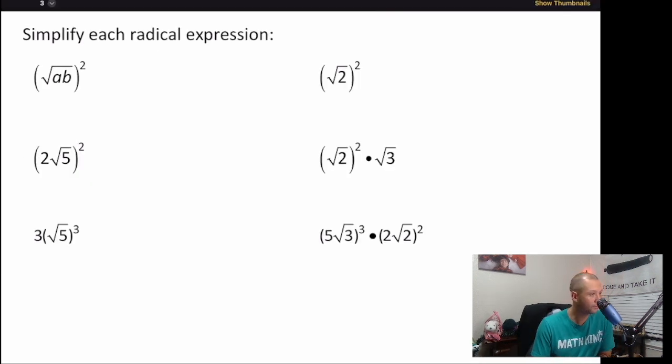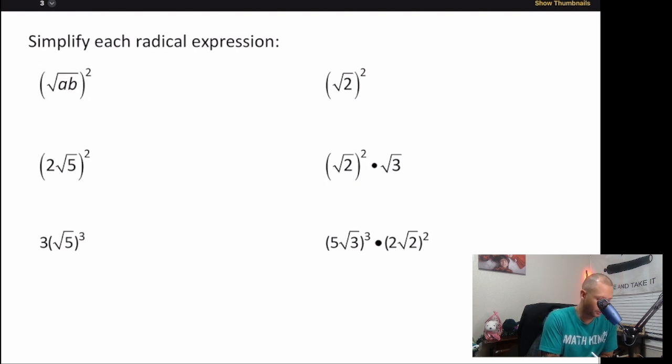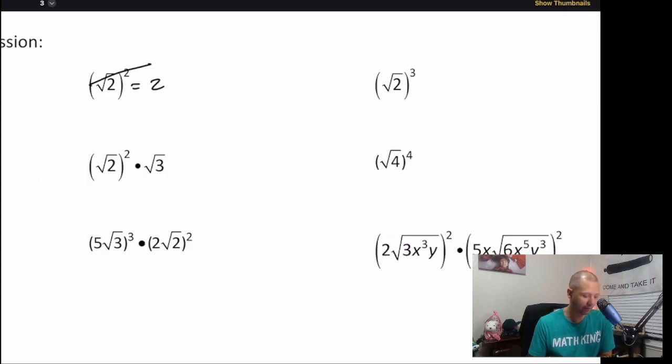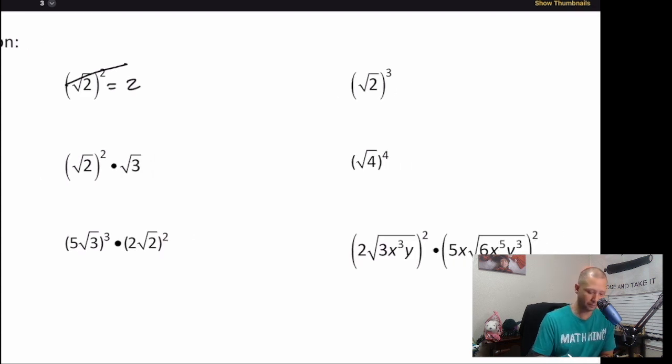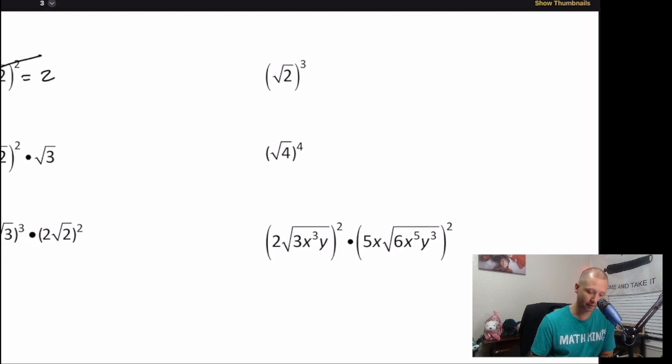Square root of a, squared. When you square a square root, it actually cancels each other out. So it's just going to be a, that's actually kind of nice. Root 2 squared, again, square root and the square cancel each other out, and the answer is 2. Okay, here we go. This one's a little bit better.